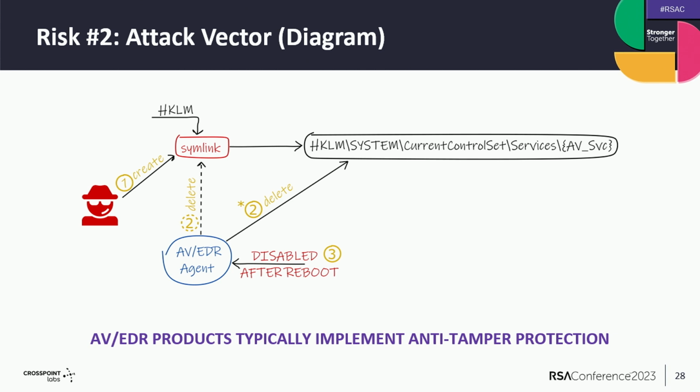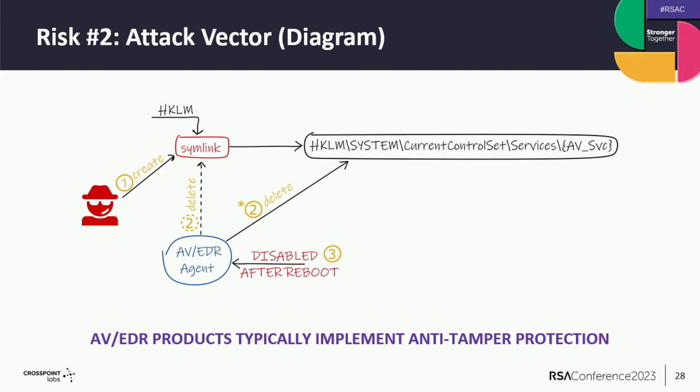For example, they can run a quick scan, as I did in the demo. And once the AV detects that symlink, because I'm creating it as part of what looks like a malicious key to the AV, it will try to delete it, but it will end up following the link and deleting its own registry key.